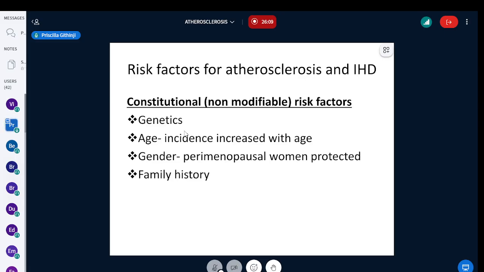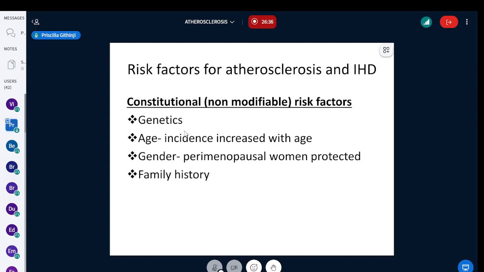But once women become menopausal, that estrogen effect goes down. And postmenopausal women have the same risk as males. But perimenopausal women have an estrogen protective effect. The incidence of ischemic disease in postmenopausal women now equals that of males when they reach that age.